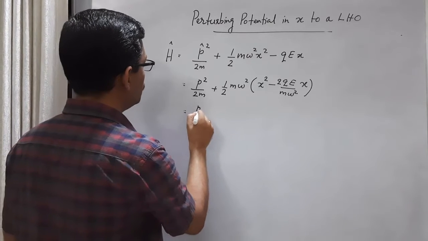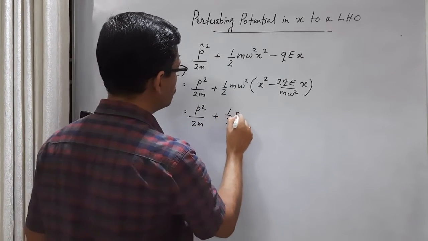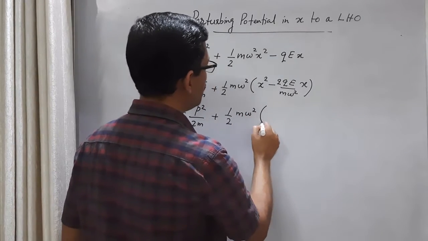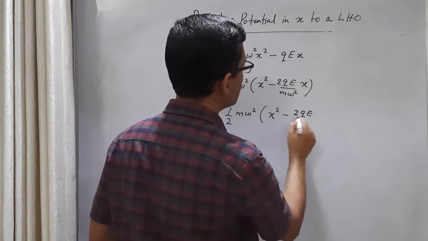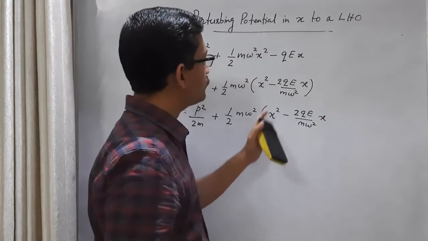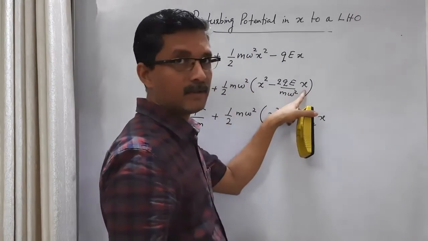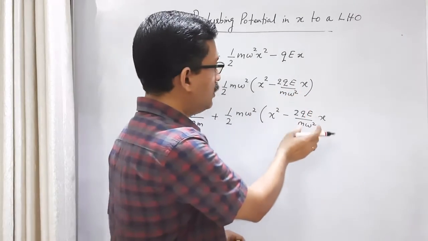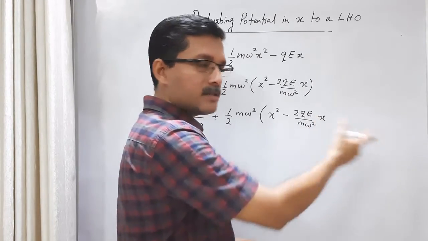So how do we write this as a perfect square? X squared, this is the 2ab term. So a is x, b is QE by m omega squared, and there is a 2 also. So take this QE by m omega squared, add the square and subtract the square.